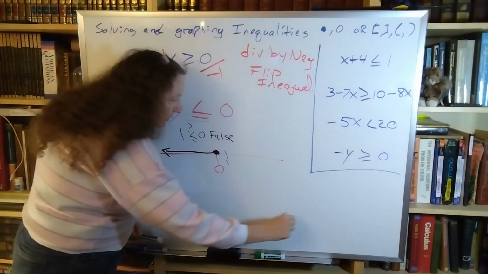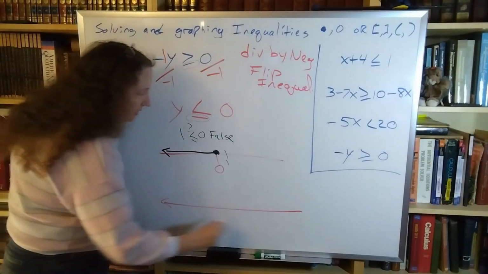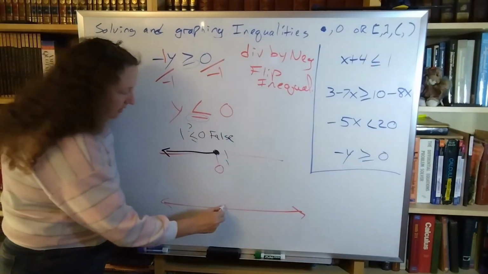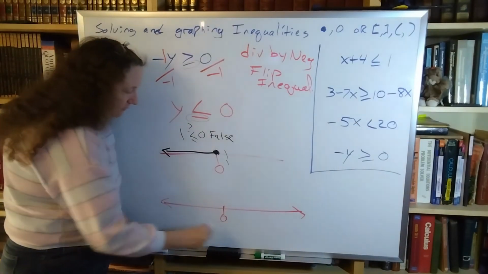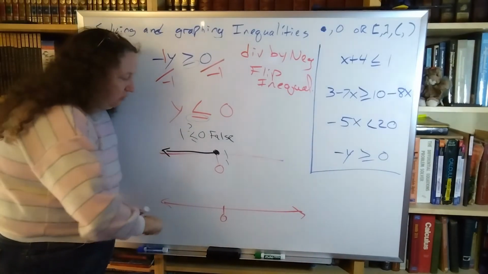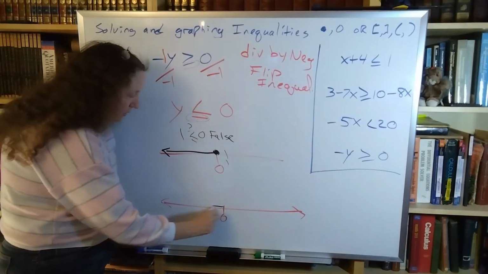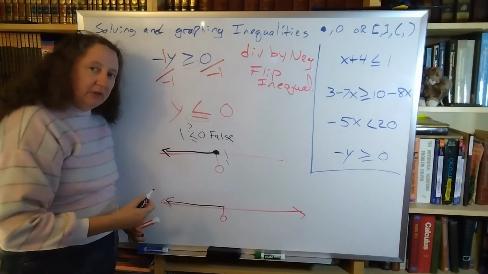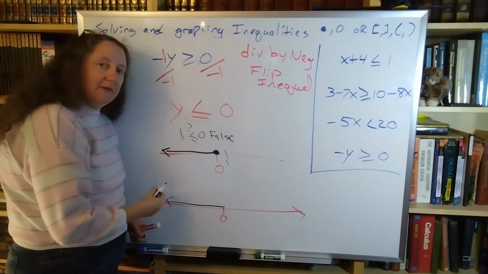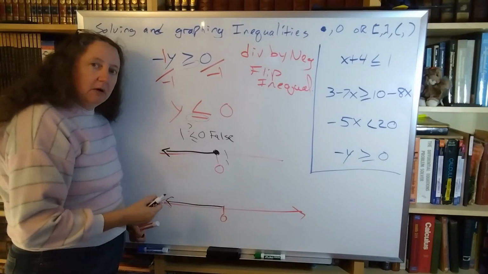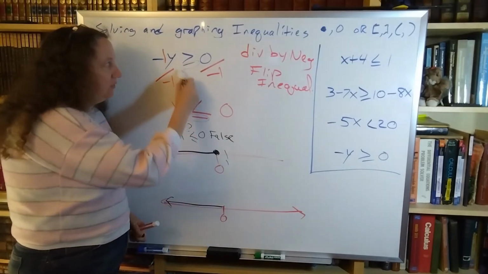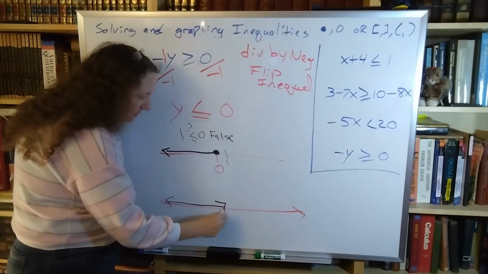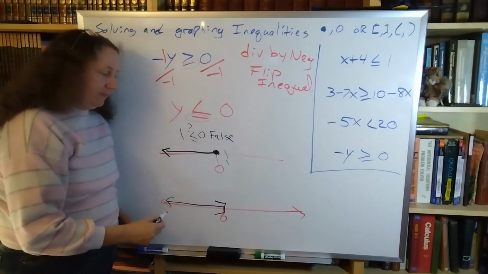If you were doing this with parentheses and brackets, you have 0. You know that it's going to go away from 1, same reasoning, and then we have to figure out, is it going to be square or is it going to be round? It has the equal to sign on it, so it will be square.